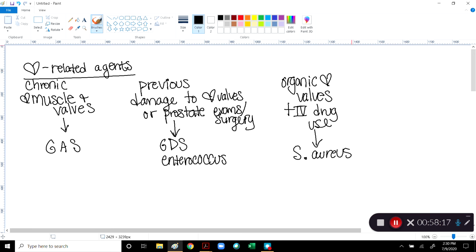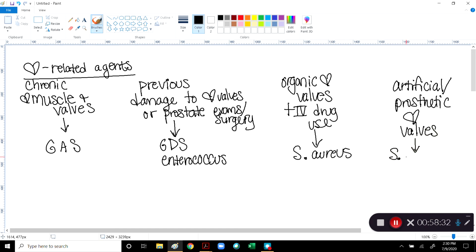Whereas if they talk about artificial heart valves or prosthetic heart valves, that's actually going to most likely involve staph epidermidis.